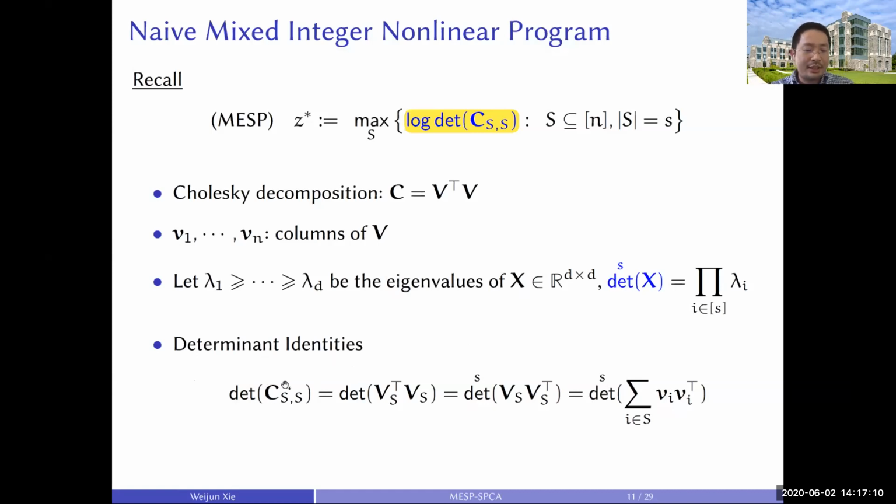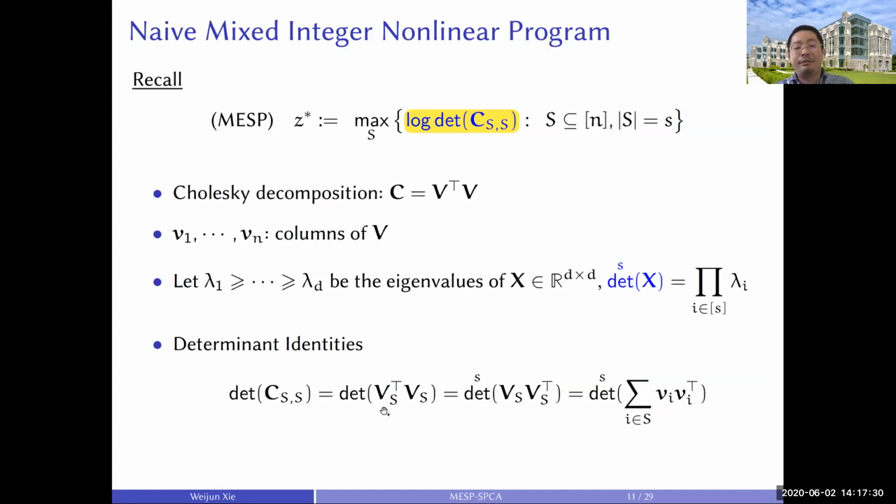We know C equals VV transpose, and C_SS equals V_S, the subset of columns of V, times its transpose. Now this determinant equals the product of the largest eigenvalues in this case.